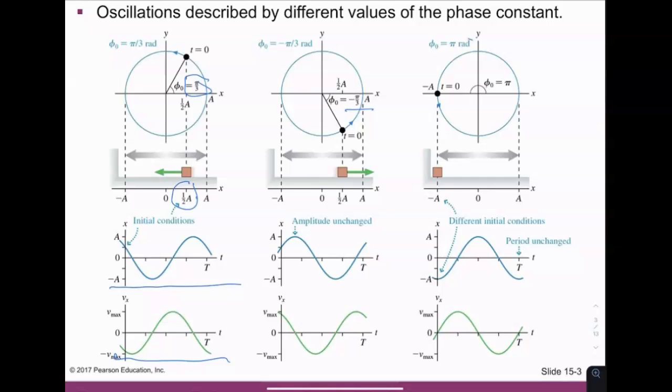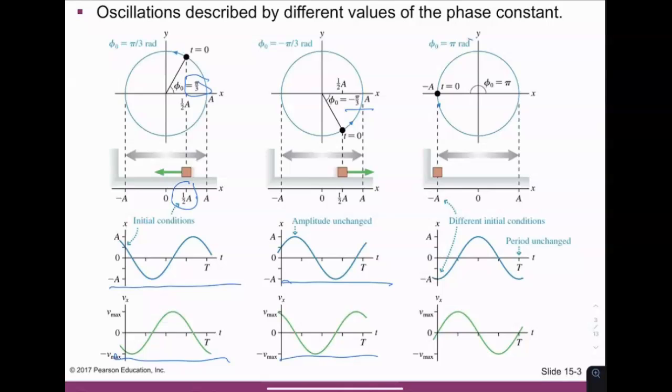And this time, when we plot the position with this initial condition, the position versus time curve looks like this plot, and the velocity has been shifted due to a different initial condition.